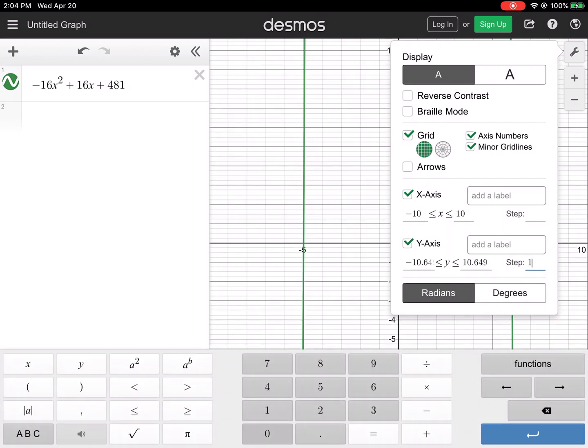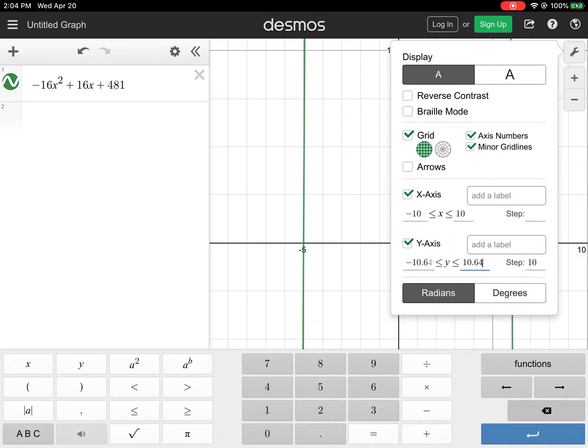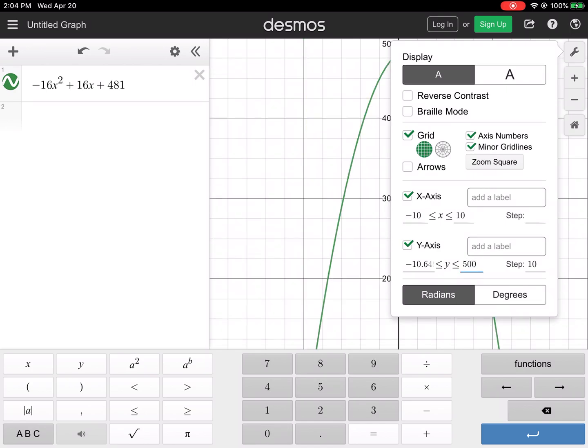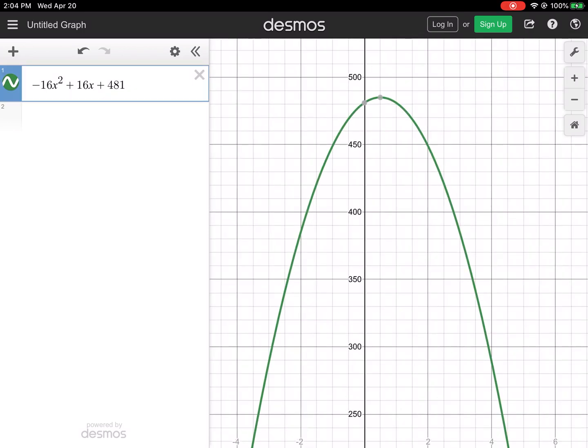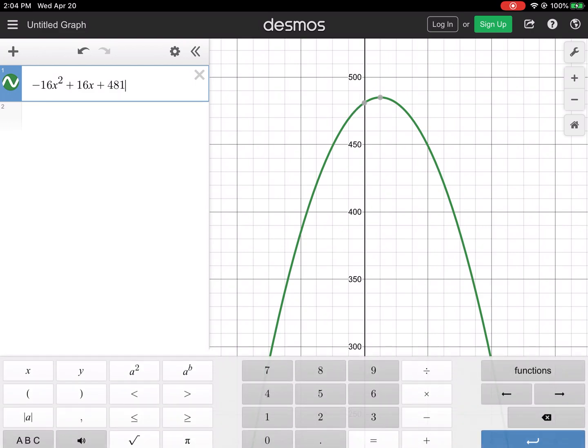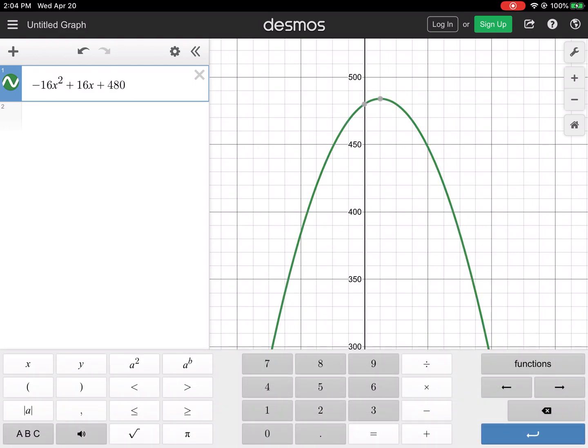Maybe I want to count by 10. And let's go up to 500. What does this look like? Okay, so that works. So let's see. Yeah, we got 480. Maybe zoom in. But I bet if I put 480, it would be there.